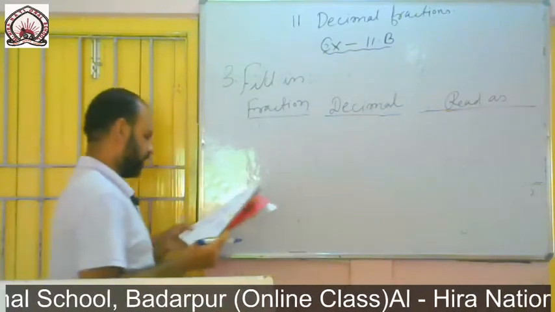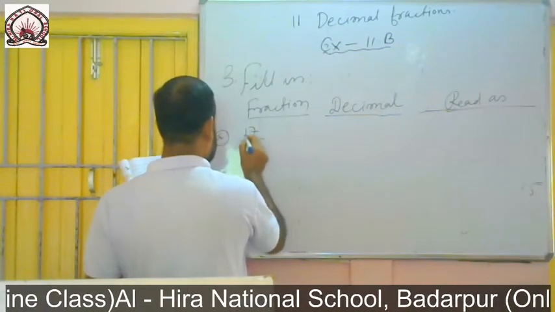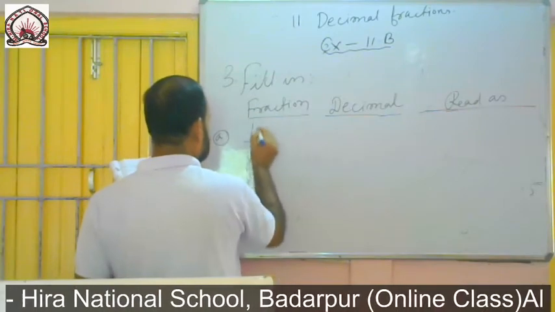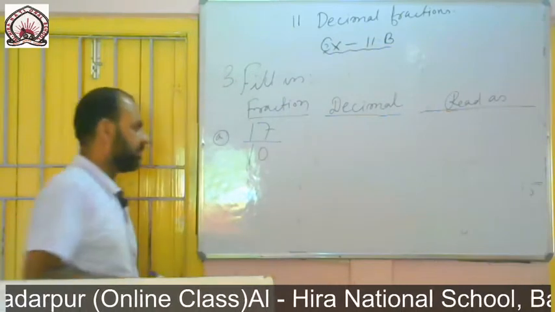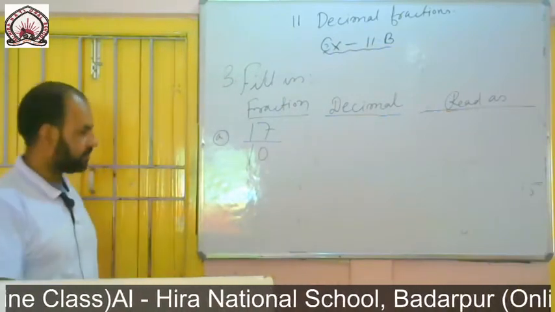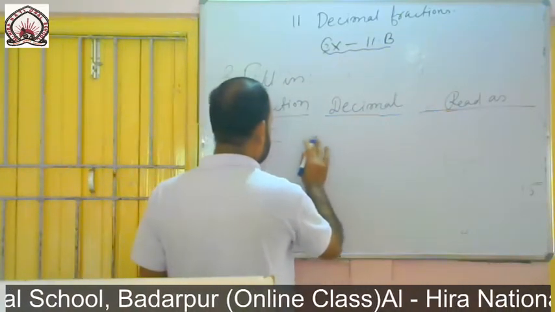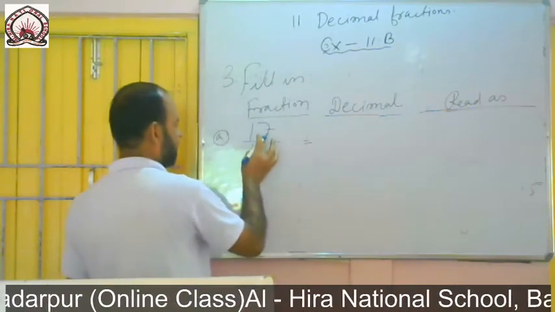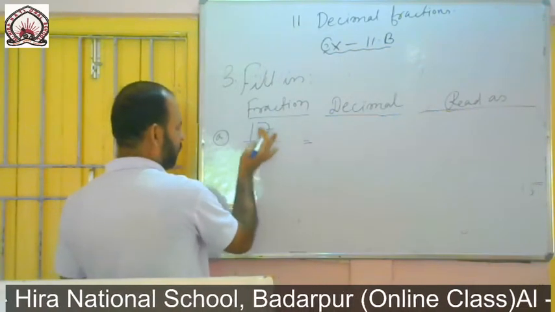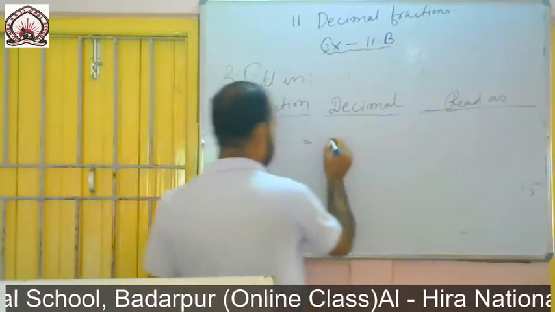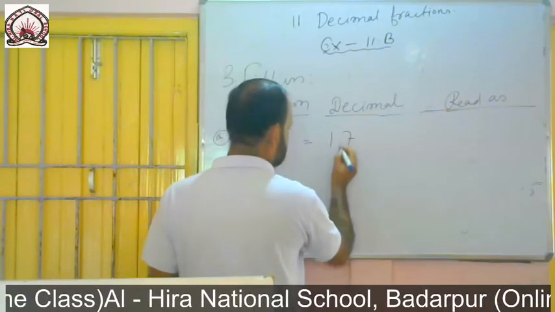First, question number A: 17 by 10. In decimal fraction we write: here 10 has one zero, that means from the right side, before one digit, we give a point. Here in 17, 7 is one digit, so the point goes there.